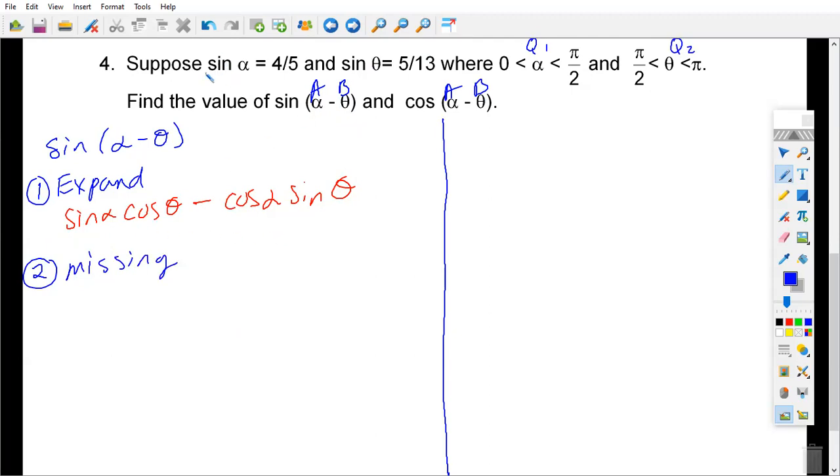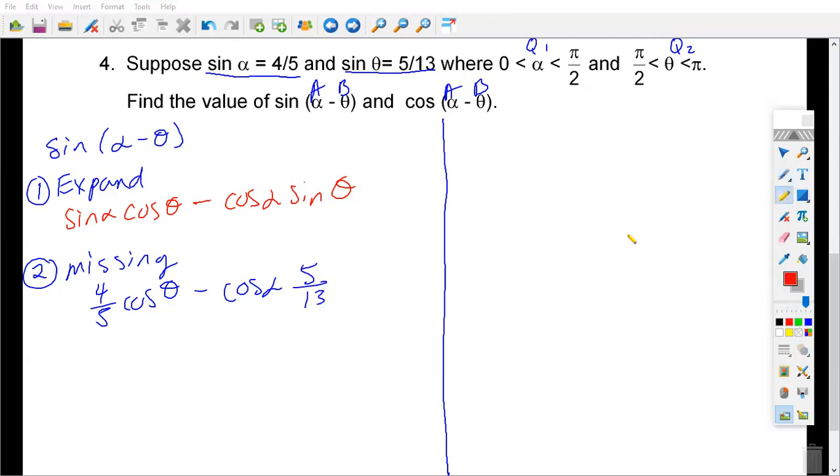In the problem, they tell us our sine alpha is 4/5 and our sine theta is 5/13. So I can plug those in, right? So we have 4/5 times cosine theta minus cosine alpha times 5/13.